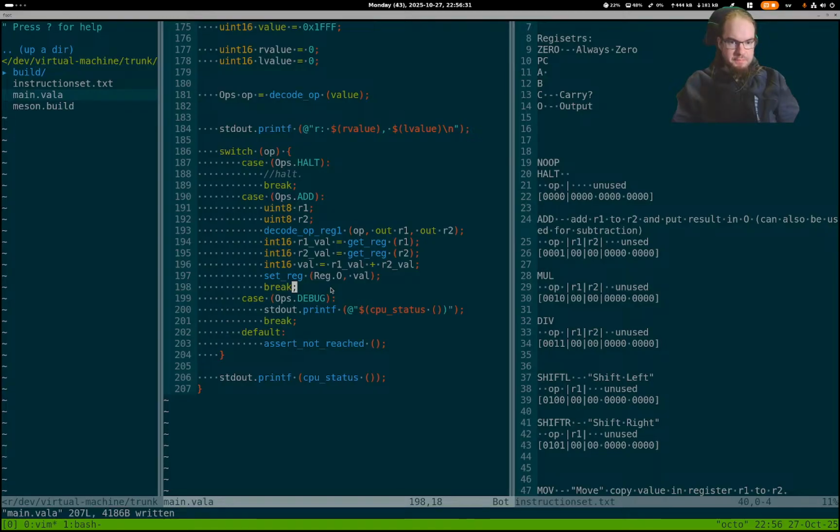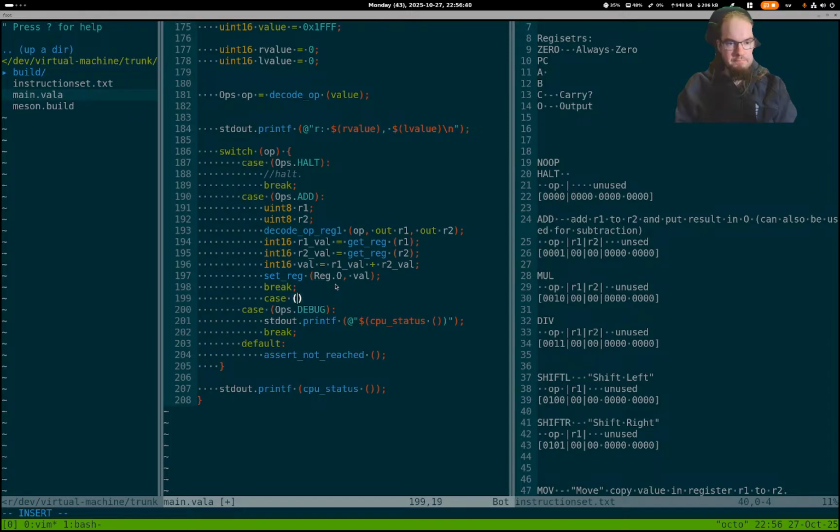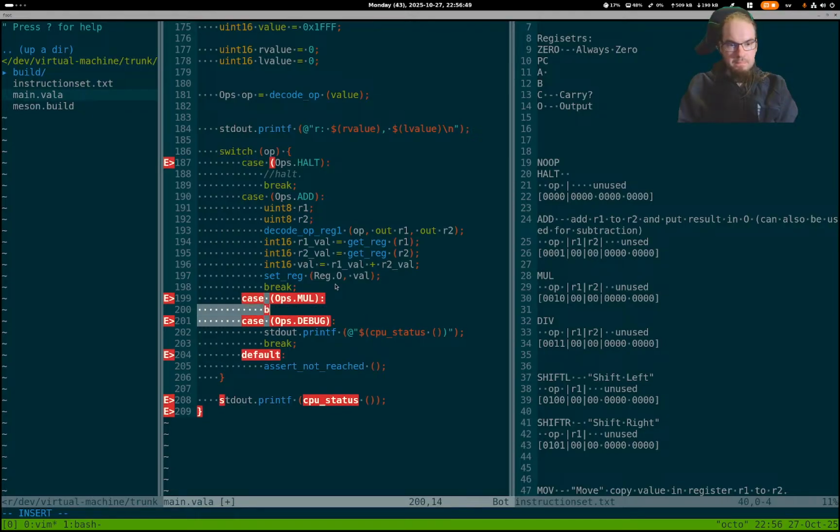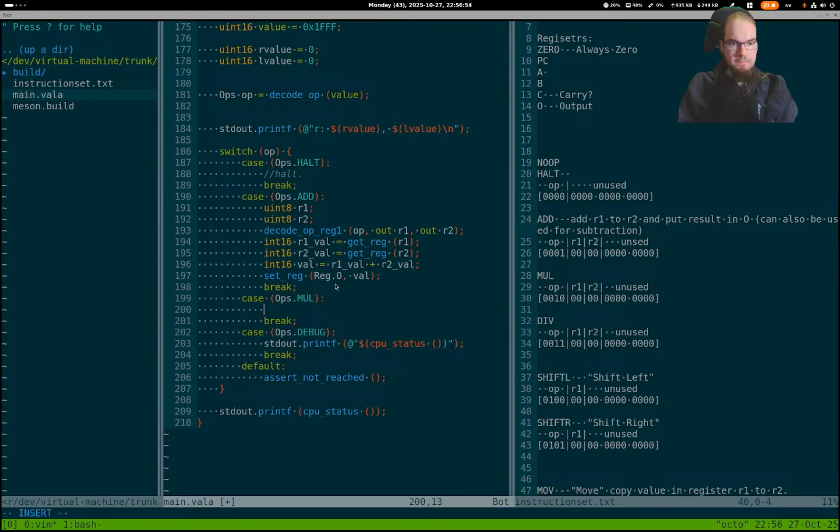Now then, what do we have here? We need to load registers.